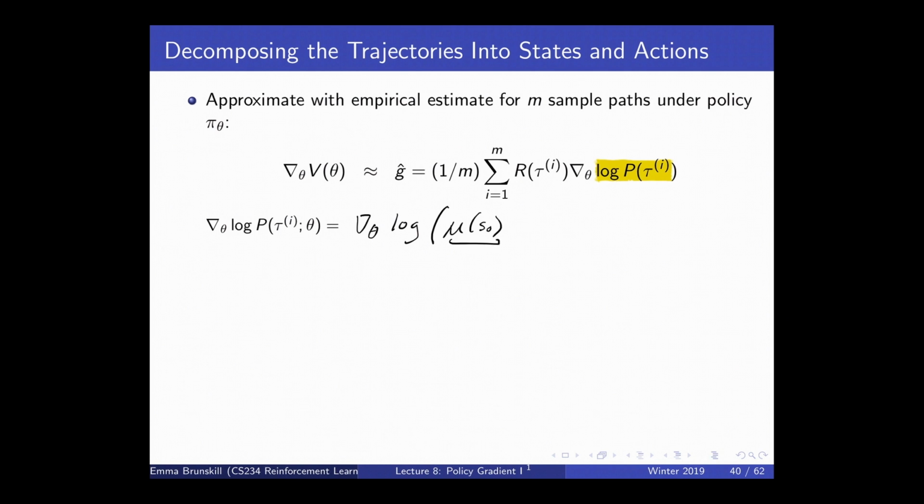So this is our initial starting state, the probability of our initial starting state, times the product over j equals 0 to t minus 1 of the probability of observing the next state given the action that was taken, times the probability of taking that action under our current policy.